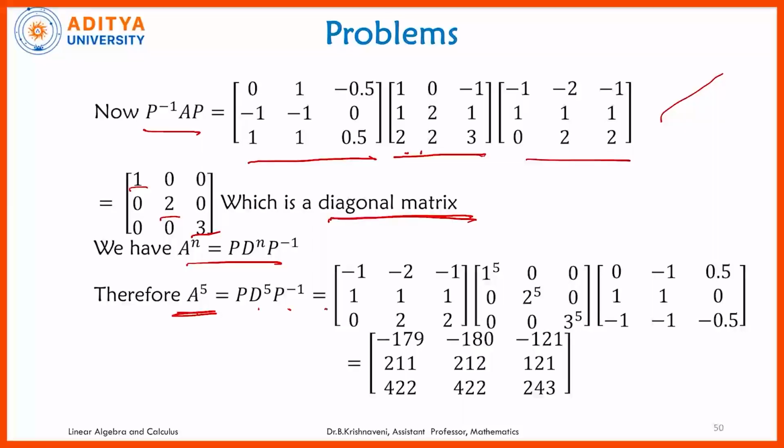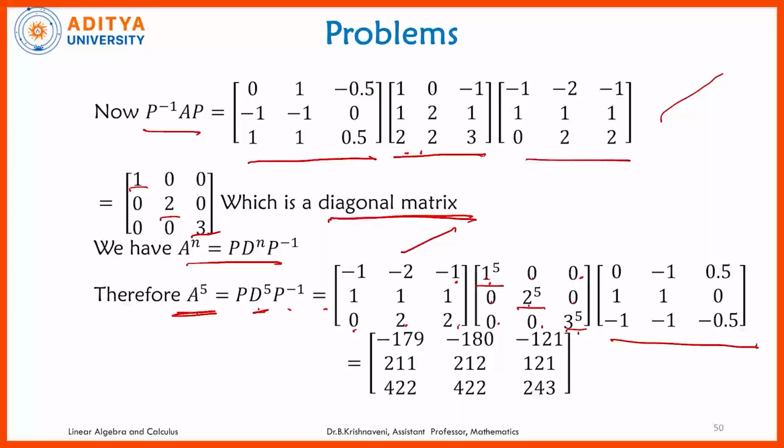Substitute the P matrix [1, minus 2, minus 1; 1, 1, 1; 0, 0, 2] into D power 5. D is the diagonal matrix which we need to raise to the power 5. So, it is enough to raise the diagonal elements to the power 5, means 1 power 5, 0, 0; 0, 2 power 5, 0; 0, 0, 3 power 5, into P inverse.